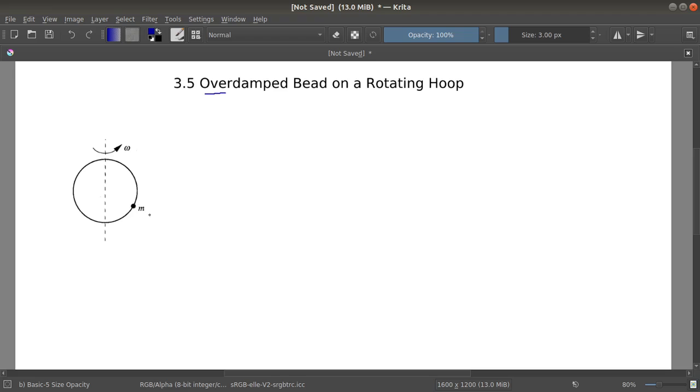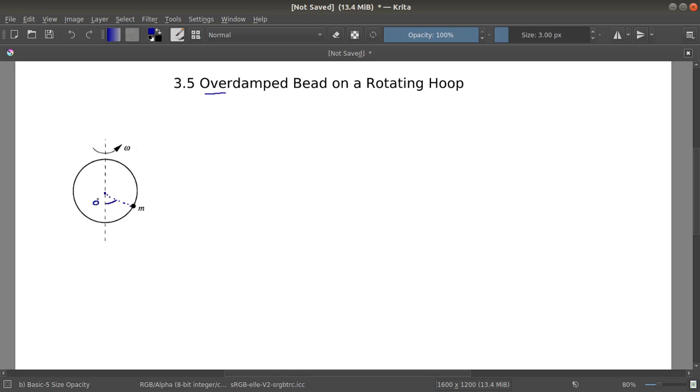Let's say this is the center of the rotating hoop, and that's a radius, and the state variable is the angle between this one and this one.